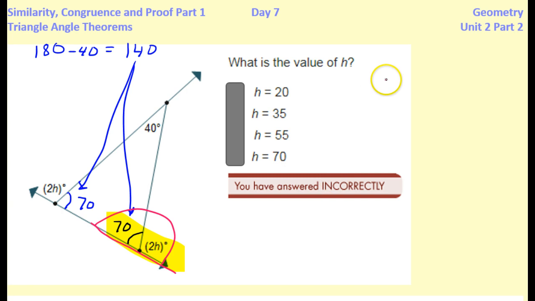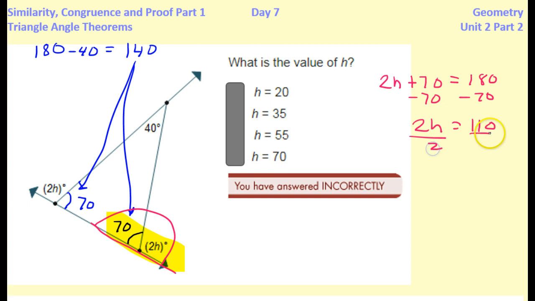So that means that 2h plus 70 must equal 180 degrees. Subtracting 70 from both sides, we have 2h is equal to 110, and then dividing both sides by 2, we get h is equal to 55. So this should be the answer.